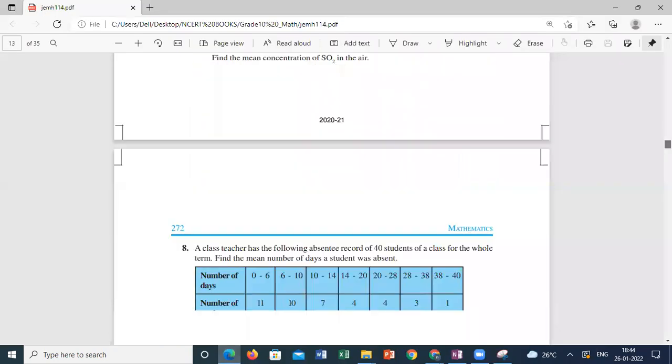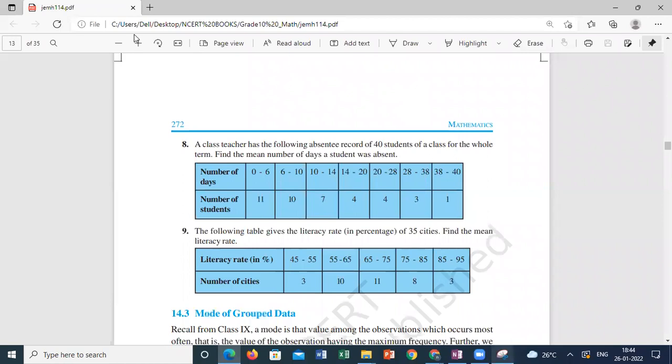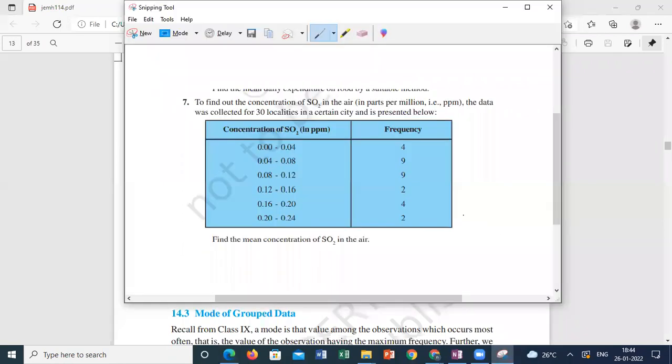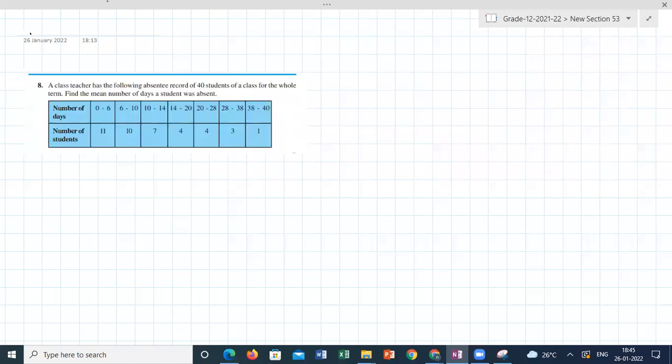Next question. I'm using the direct method. Let's see how to do the direct method one more time, because we are going to wind up the main concept with this class.